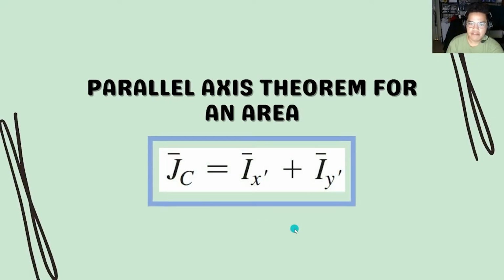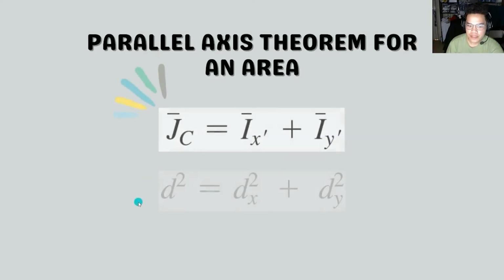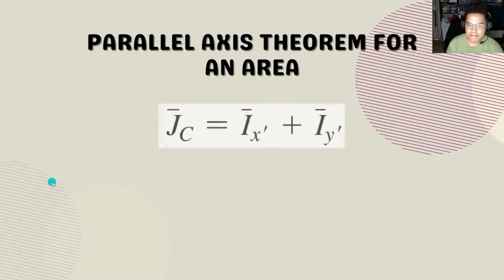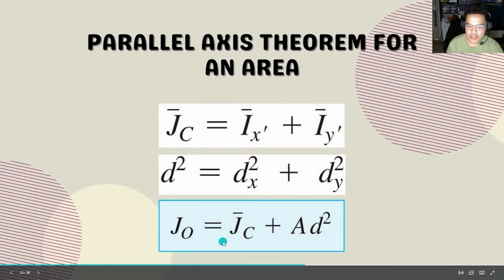And finally, for the polar moment of inertia, since J bar sub C is equal to I bar sub x prime plus I bar sub y prime, and d squared is equal to d sub x squared plus d sub y squared, we can get J sub O equals J bar sub C plus A times d squared.